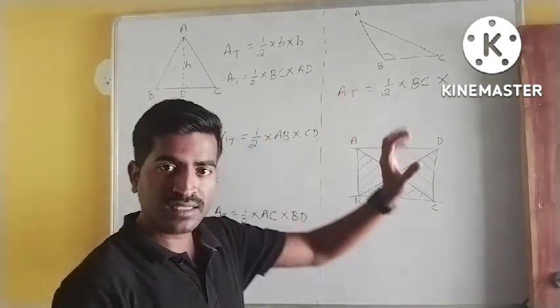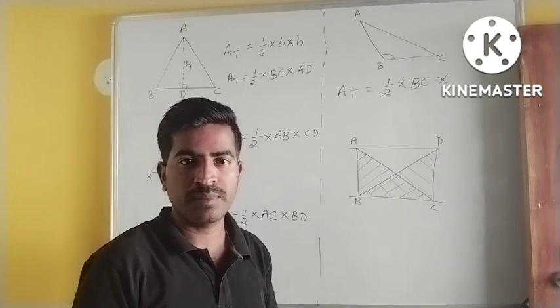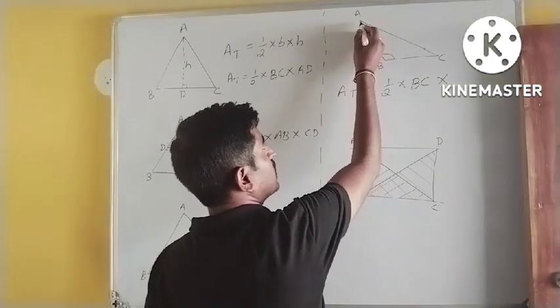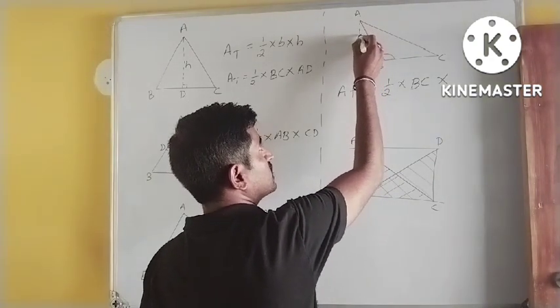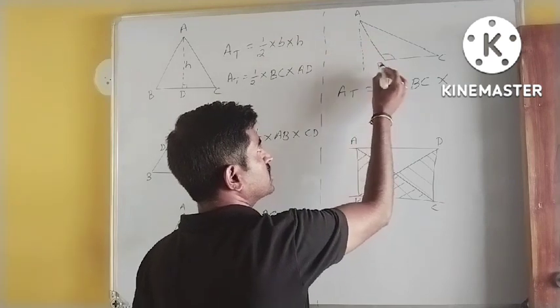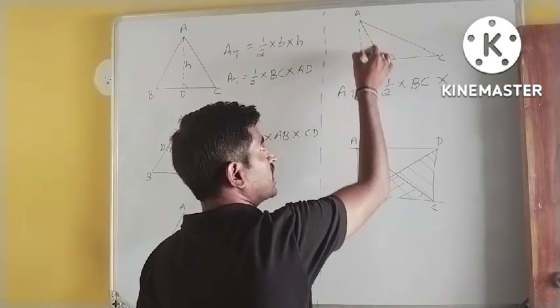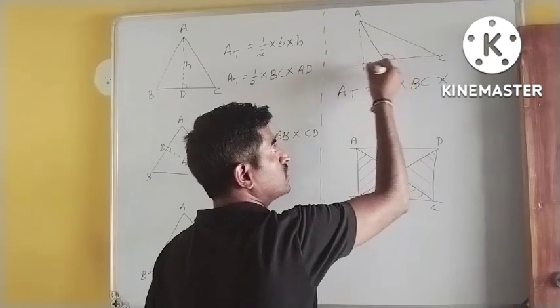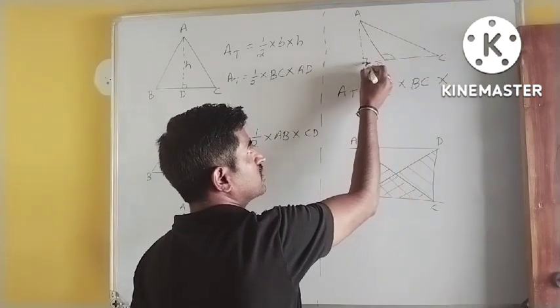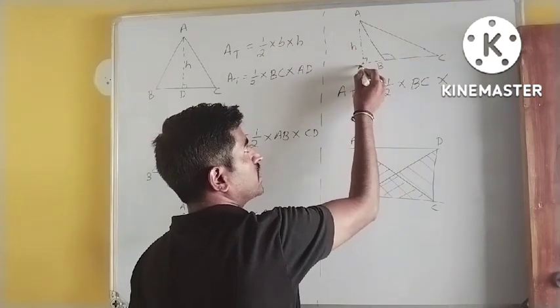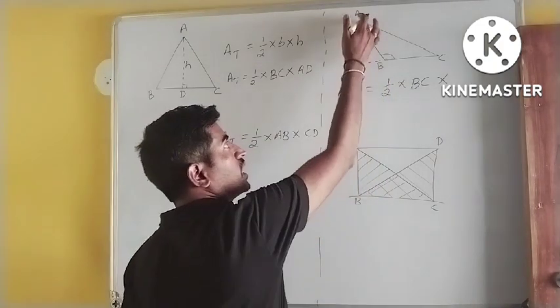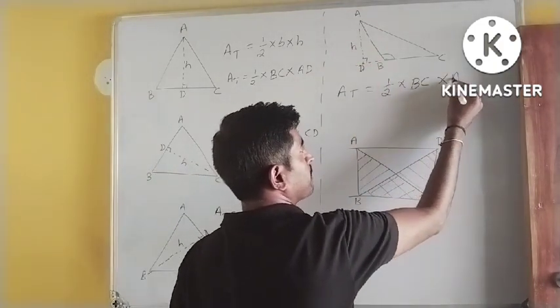As I said, it is perpendicular to the base. So I will construct a line in such a way that it is exactly perpendicular to the given base BC. This becomes the height. I will take this point as D, then AD becomes the height.